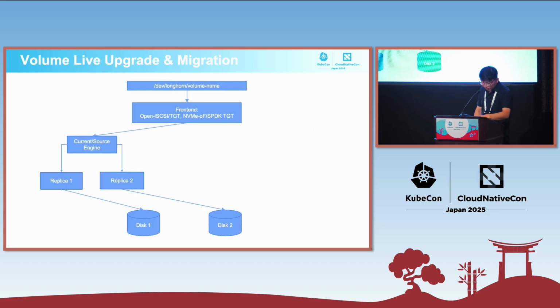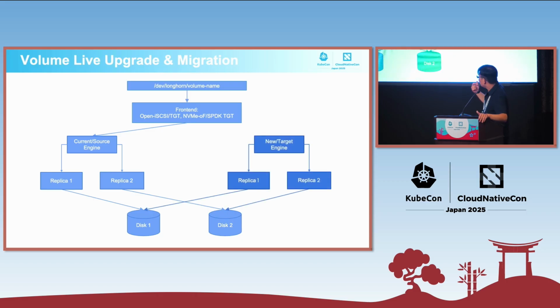Okay, for live upgrade and migration, this is the stack of the data plane. We have a front-end iSCSI, and then we have an engine process and replica processes. Each replica process has a sparse file or snapshots. When you are going to live upgrade or live migrate, Longhorn will create a new set of engine process and replica processes.